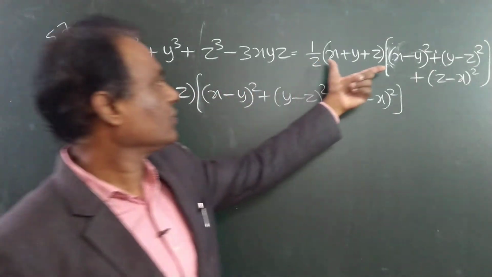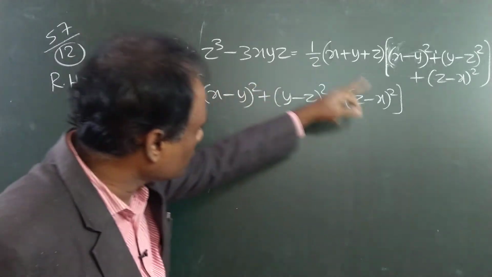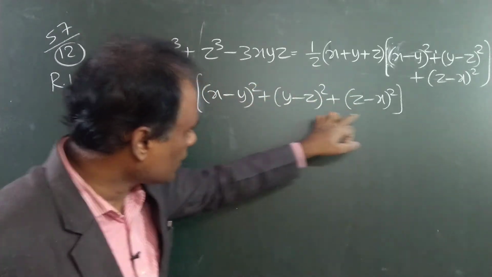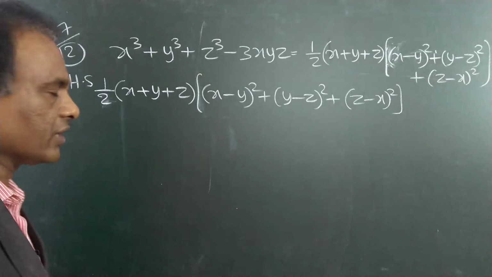Taking the RHS, simplify it. First let us simplify the value inside the bracket, then we multiply with x plus y plus z.